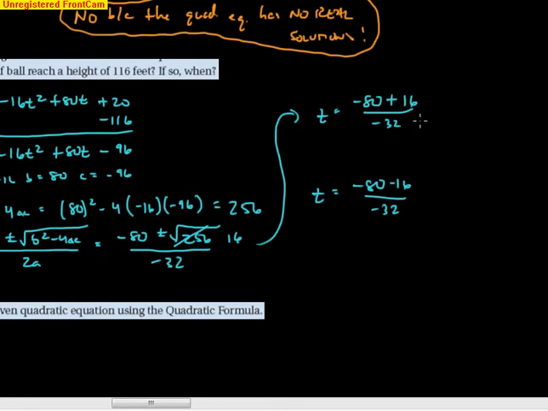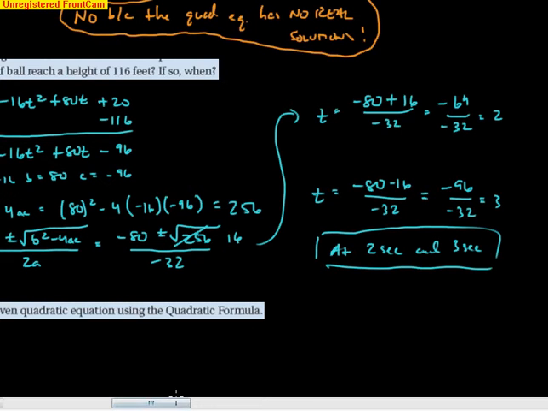And I'm going to solve these two. So we have negative 64 over negative 32, which comes out to be 2. And we have negative 96 over negative 32, which comes out to be 3. So this golf ball actually reaches a height of 116 twice, at 2 seconds and 3 seconds.